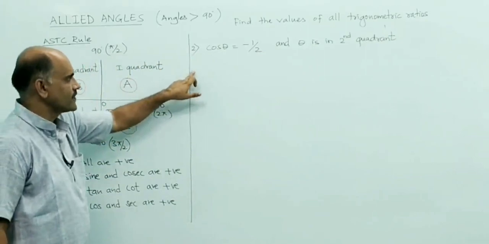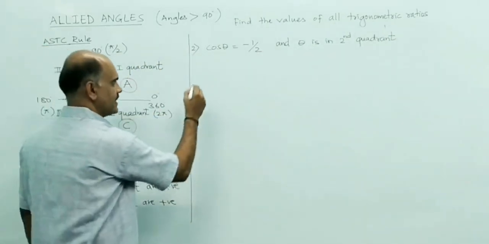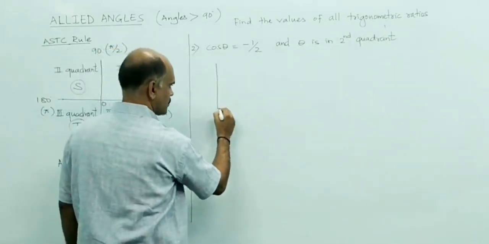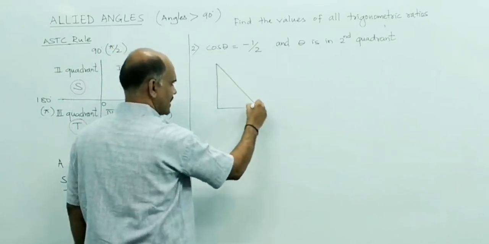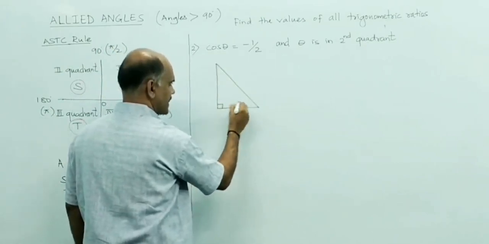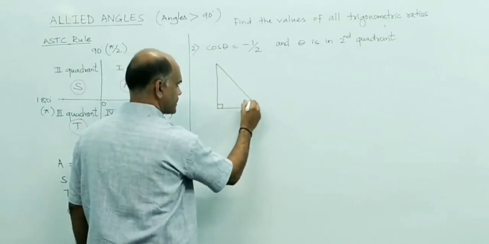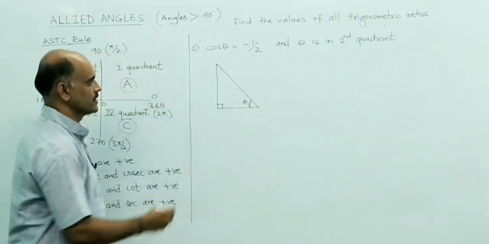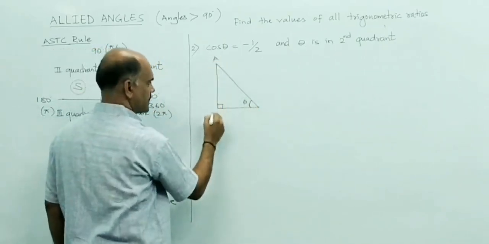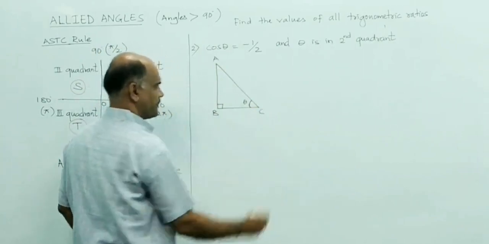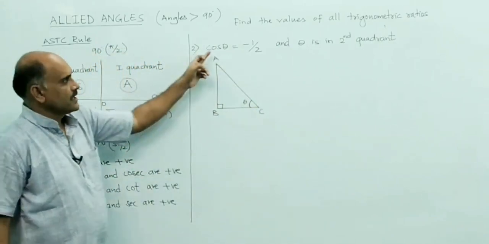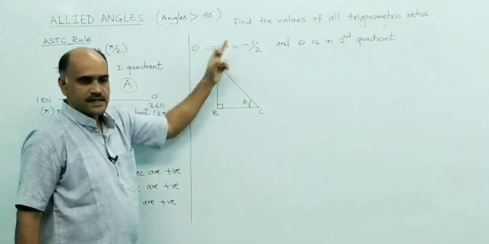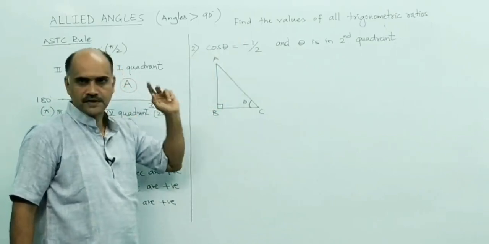So now again first have a right angled triangle. So a right angled triangle we will have. So this is 90. This I will take it as theta. So A, B, C. Now again by definition cos theta is adjacent by hypotenuse.